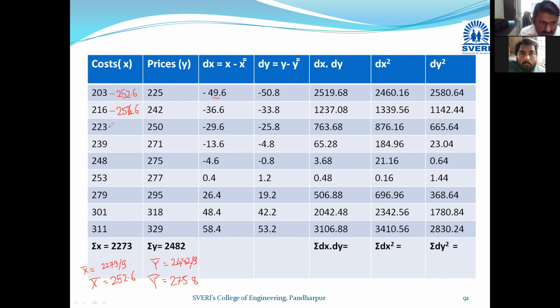Like this, 223 minus 252.6, you will get this value. 239 minus 252.6, you will get this value. Then minus 252.6, you will get this value. 253 minus 252.6, you will get 0.4. 279 minus 252.6.